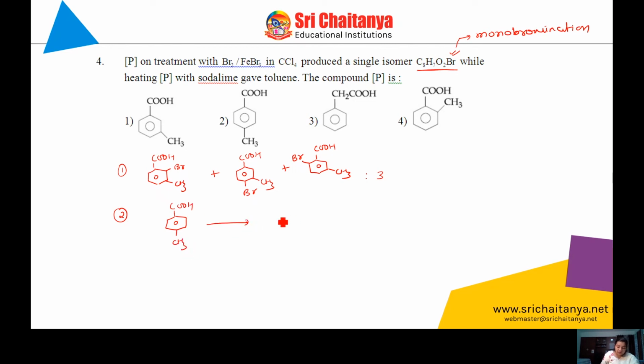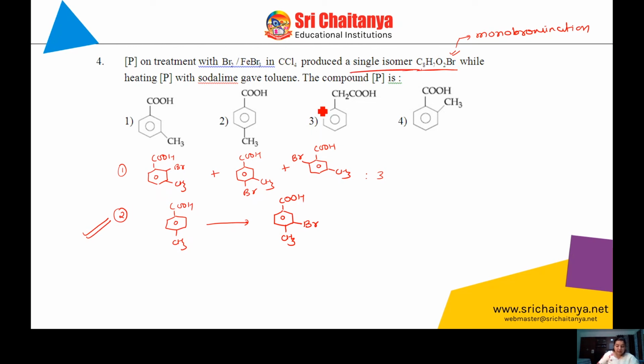If we go to option number 2, COOH is deactivating, CH3 activating. If I consider the same reaction, COOH, CH3, whether I have bromine on the right or on the left side, the IUPAC name remains the same. So definitely this is our choice, because it says single isomer. Correct?